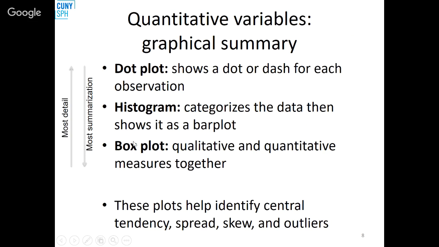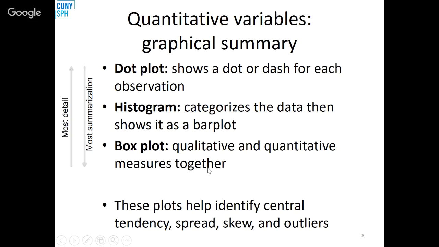And I say that the box plot, in some ways, has details that the histogram does not have. However, the histogram shows you fairly detailed, depending on your bin width, about the entire distribution, whereas the box plot shows you major parts of the distribution, those quartiles.